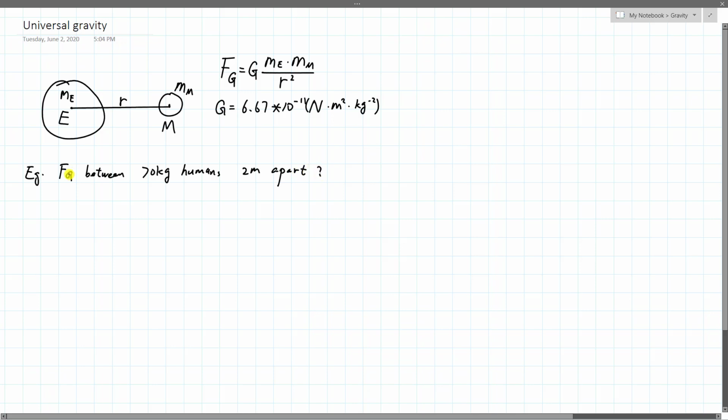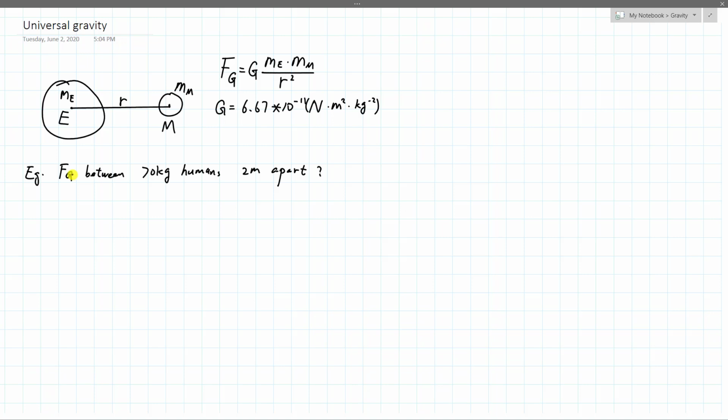So what is the magnitude of Fg? And by the way, the direction would always be attracting the masses towards each other. There's never a repulsion from universal gravitation.